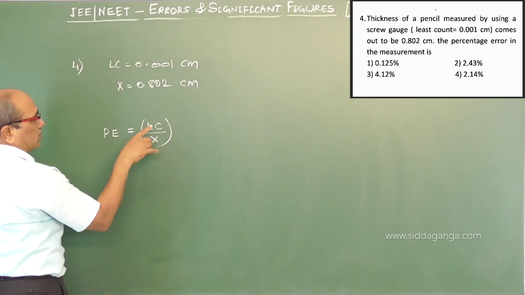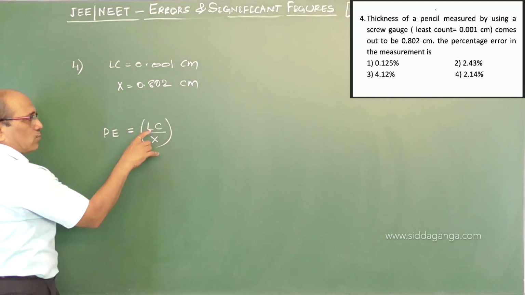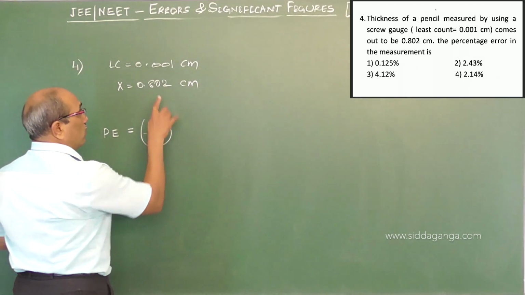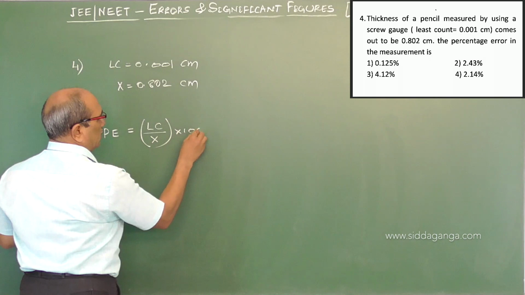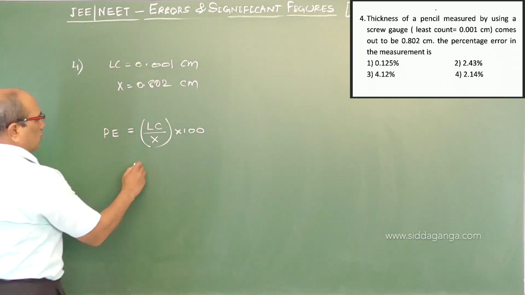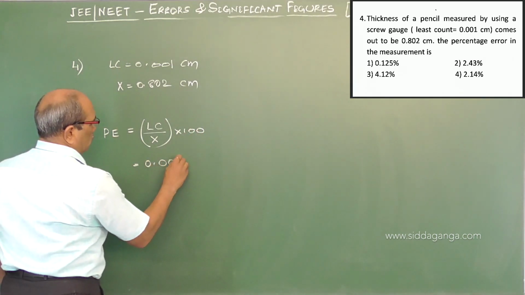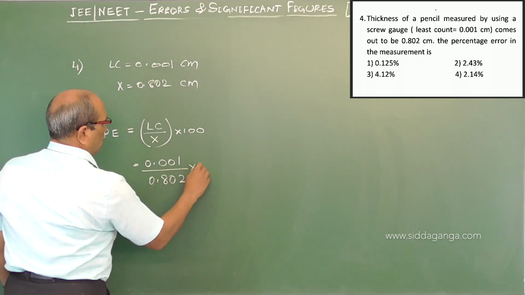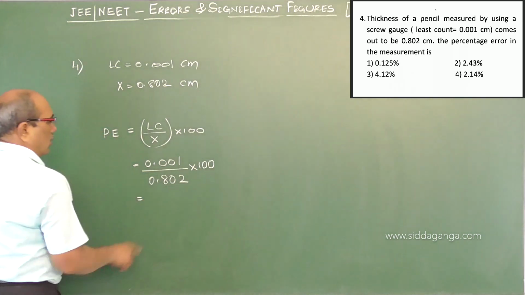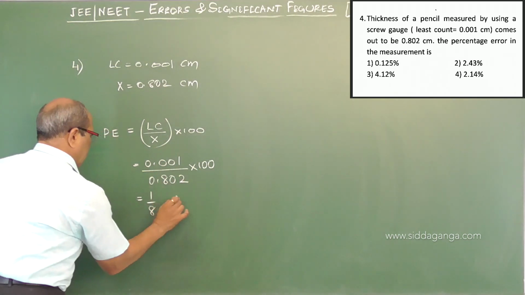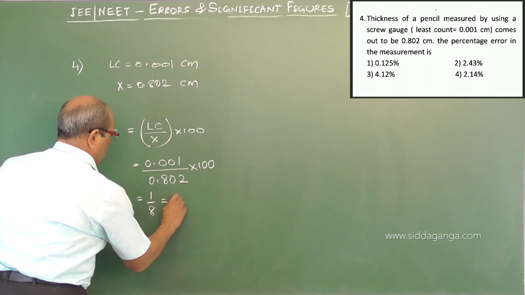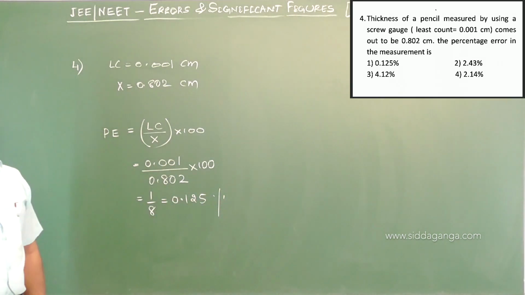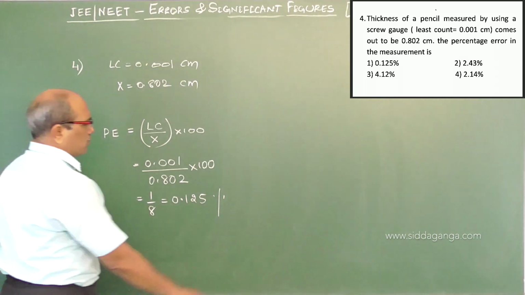The minimum deviation from the standard value is equal to the least count. Least count of the instrument is given, the measured value is there, multiplying by 100 gives you that. So therefore I can write 0.001 by 0.802 into 100. This approximated is 1 by 8, that equals 0.125%. The most accurate answer is option number 1.